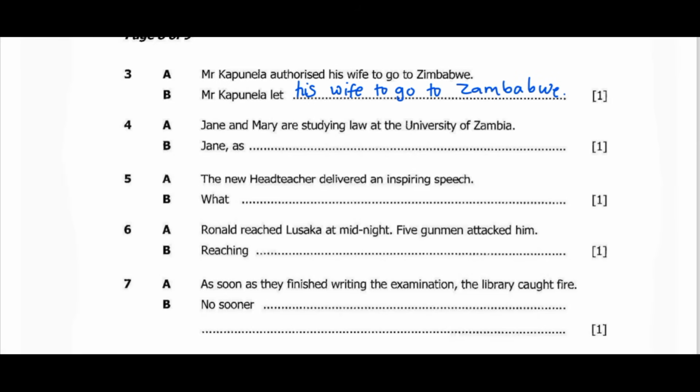Then question 4, Jenny and Mary are studying law at the University of Zambia. Jenny as well as Mary. So now whenever we use as well as, then we are not going to use the plural form, we use singular. No matter how you may think or feel of this sentence, the point is you turn it into a singular form.